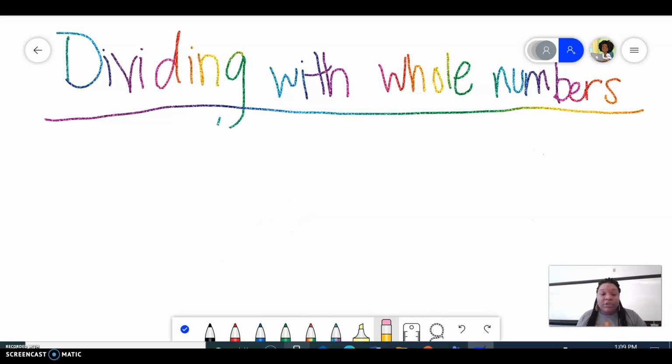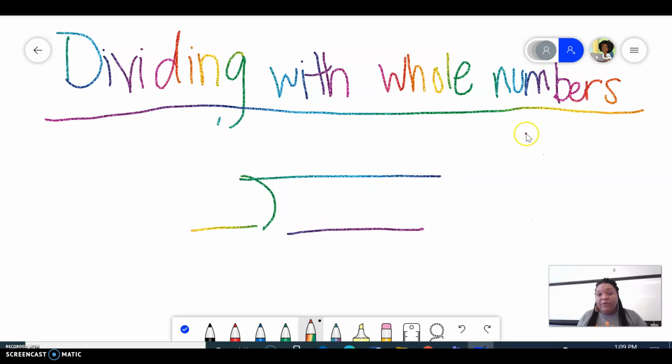We want to remember, just to go over, when we're dividing without calculators, that there are 3 parts that we have to remember when we're dividing.